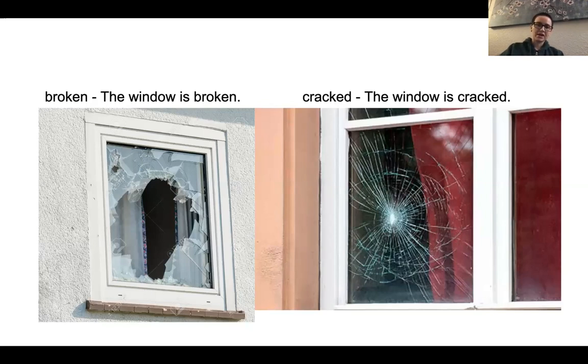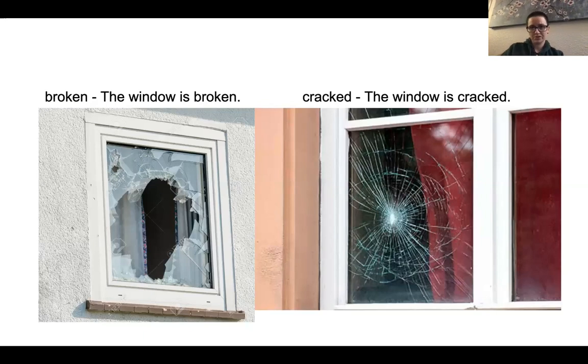Other things that can crack, so for example, your phone screen, so the screen on your phone, hopefully not the screen on your computer, that would be very bad. Mirrors can crack as well. Again, things that are made of glass. I'm using windows here as examples, but other things that are made of glass could have these problems.